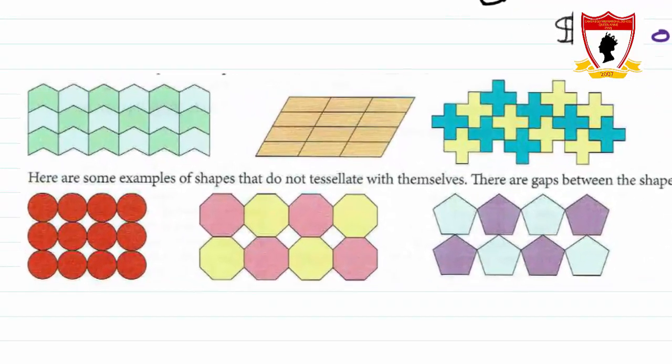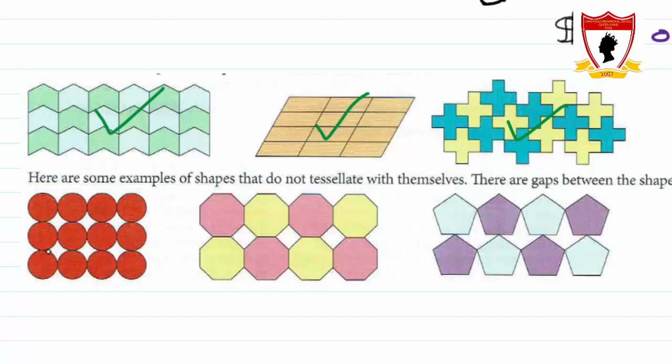Tessellation, when you look at the shapes, tessellation means the shapes when you fit them together, there is no gap between them. So this is tessellation because there is no gap between them. Parallelogram is tessellation. This kind of 12-sided shape is tessellation because there is no gap between the shapes after we fit them together.